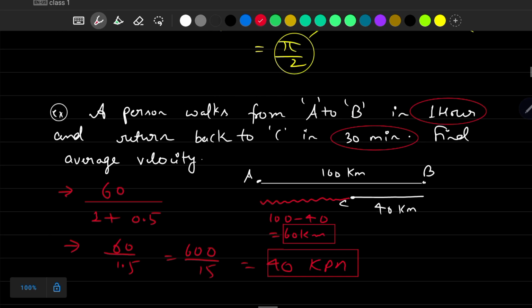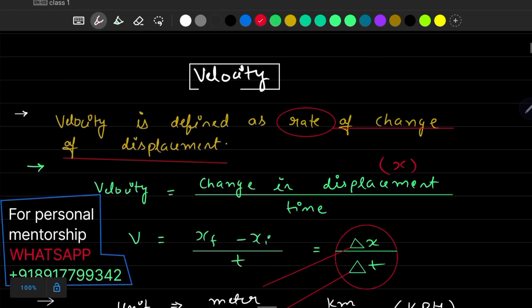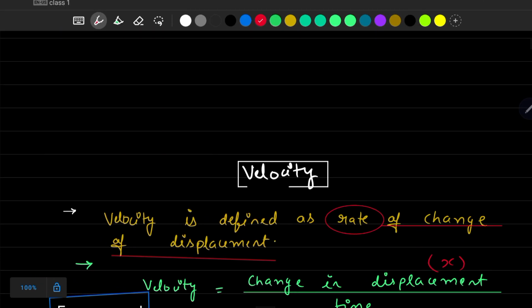Now students, there is one important fact we should remember, that in the distance and displacement lecture I already told you that distance is always greater than or equal to displacement, and displacement is a vector quantity, so we apply here the mod sign, magnitude.